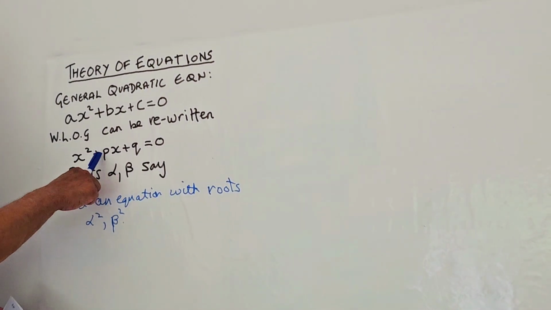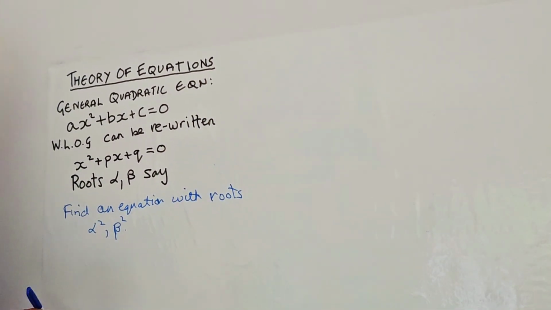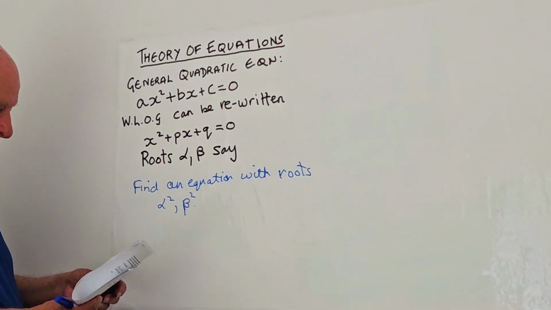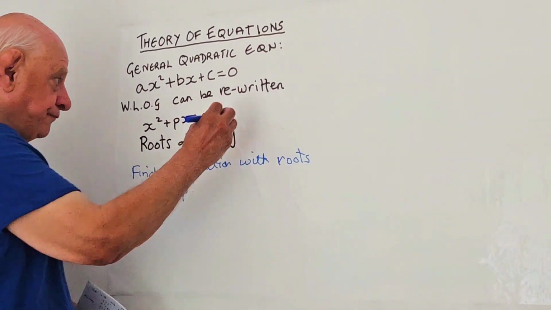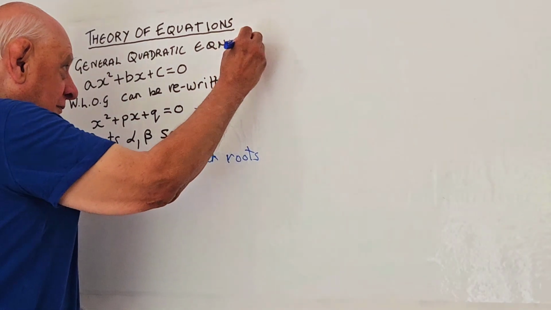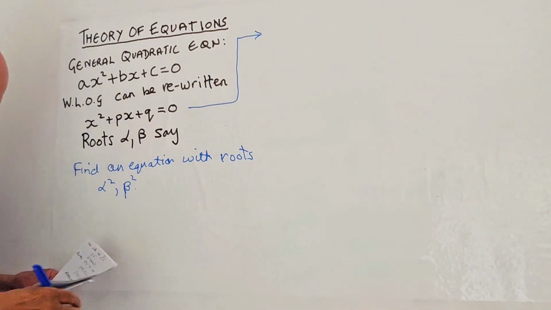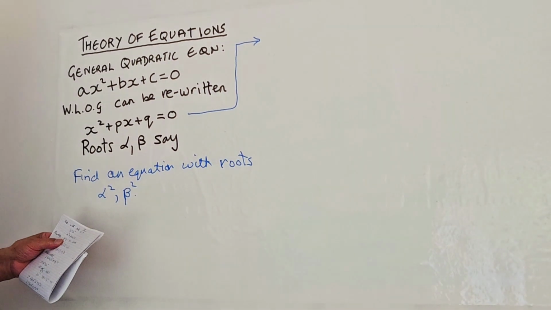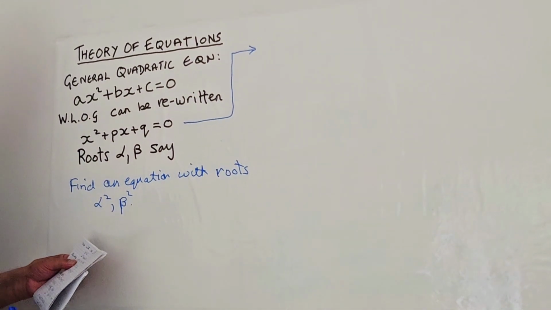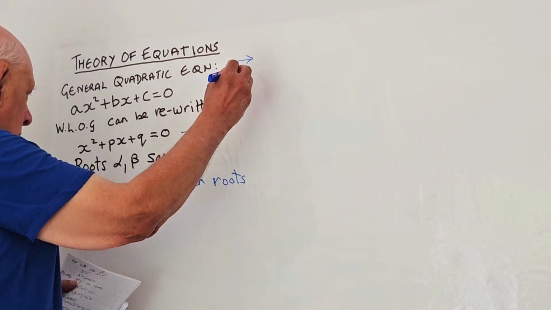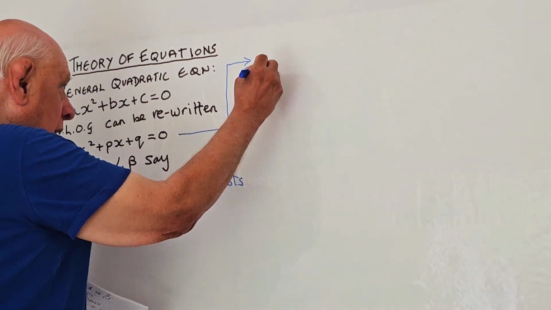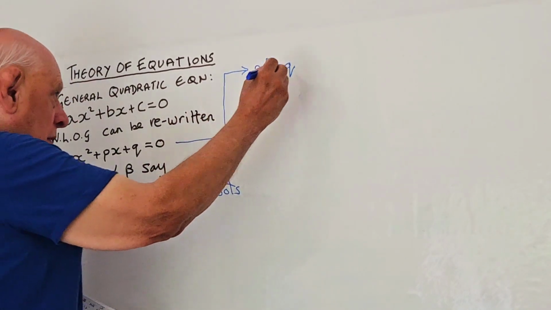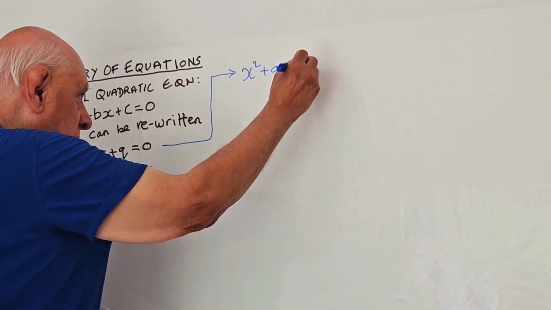So there's our original equation. X squared plus px plus q is 0. I'm going to rearrange that so that x squared plus q is equal to minus px.